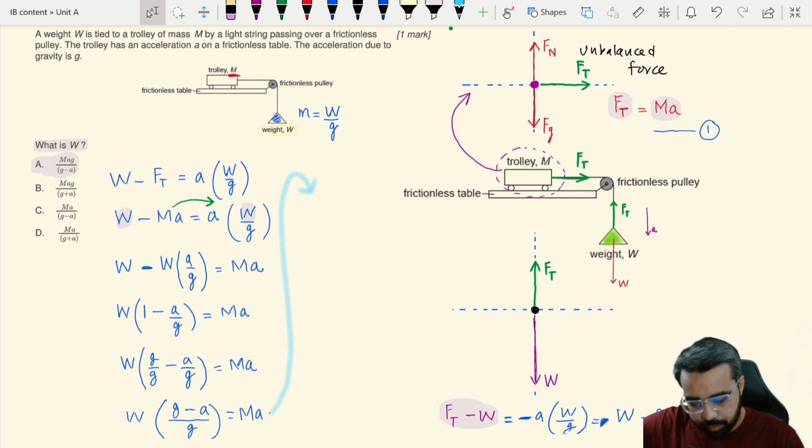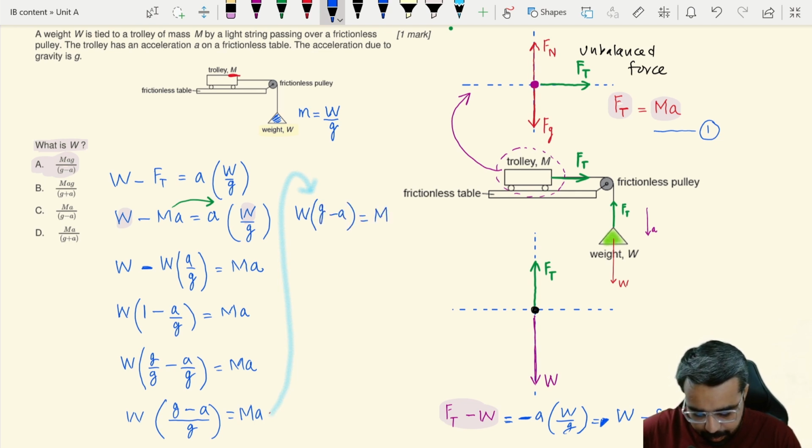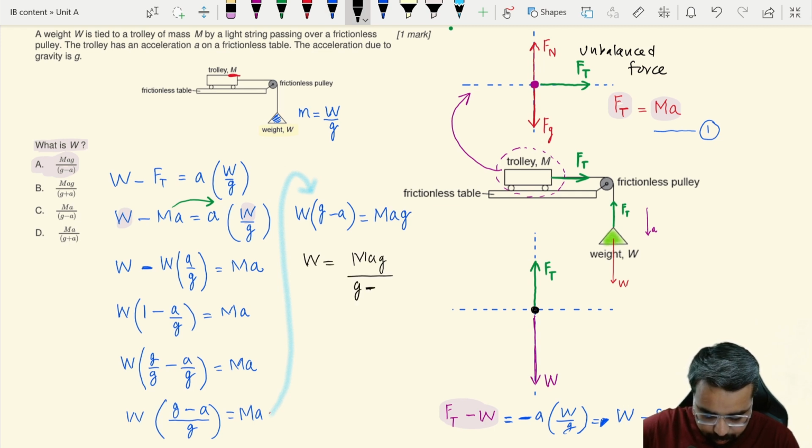If you take G from the denominator to the other side, or in other words multiply G on both sides, we will get W times (G minus A) equal to capital MAG, and finally the weight expression is W equals MAG over G minus A, which means that the right answer is option A.